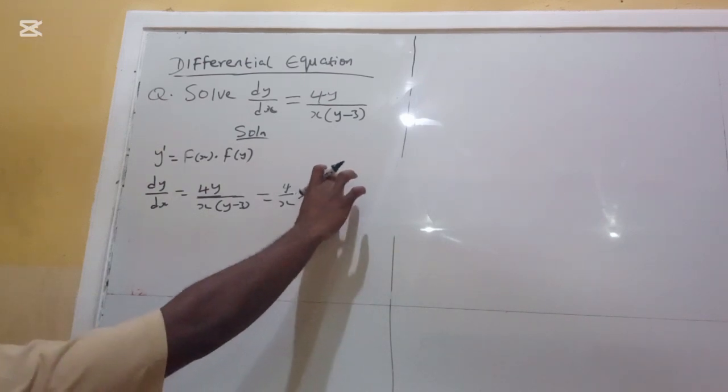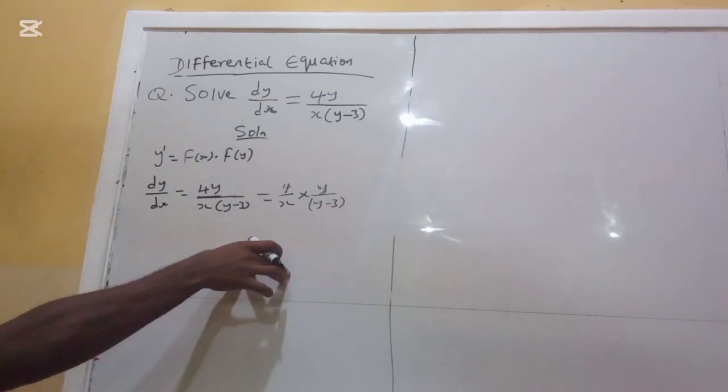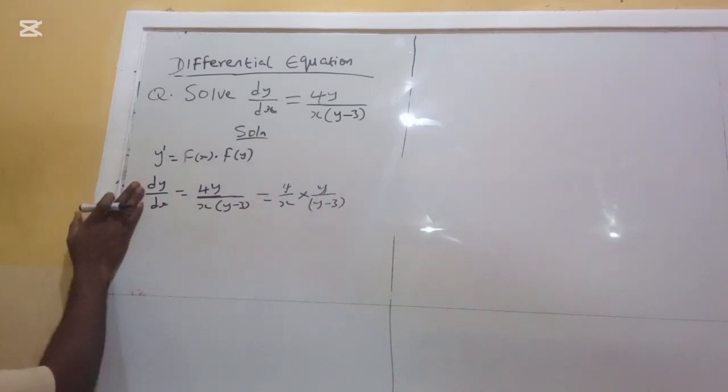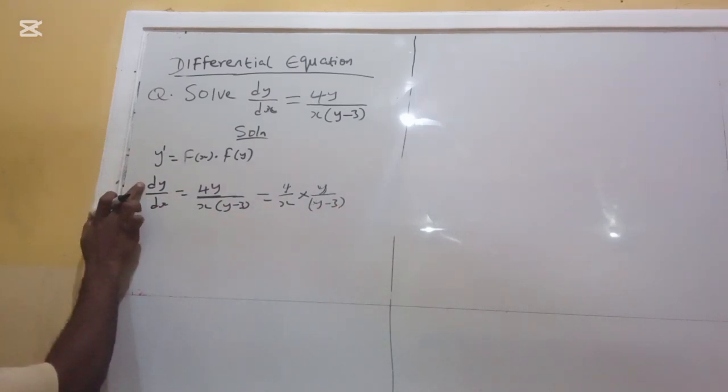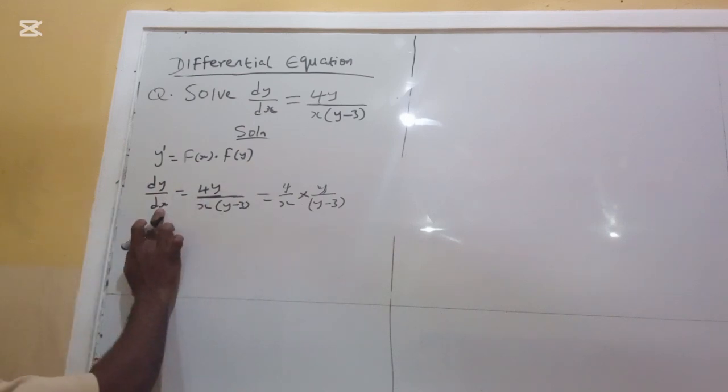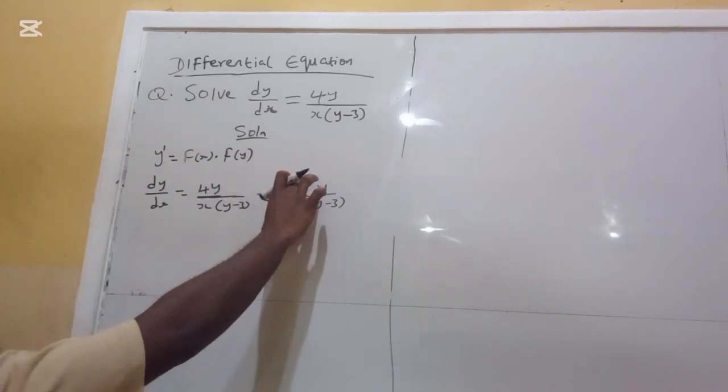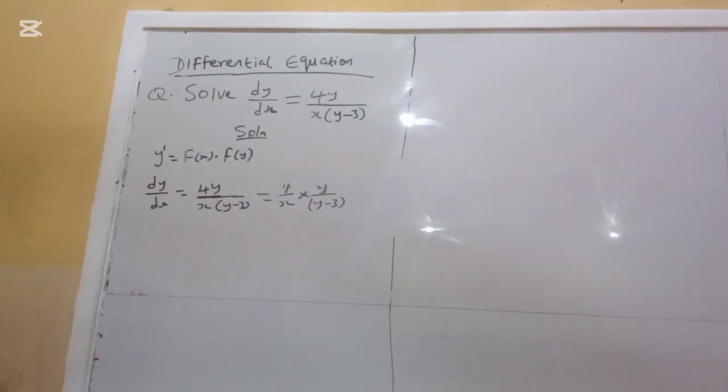So when we do that, we can take y over (y take away 3) to go to the other side to meet dy, and we take dx to meet 4 over x.